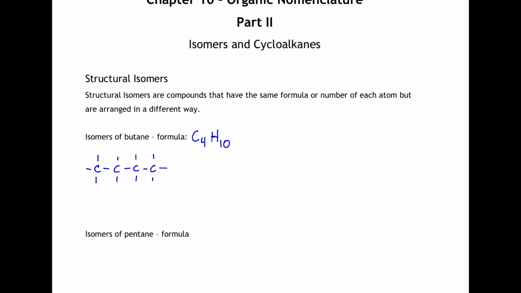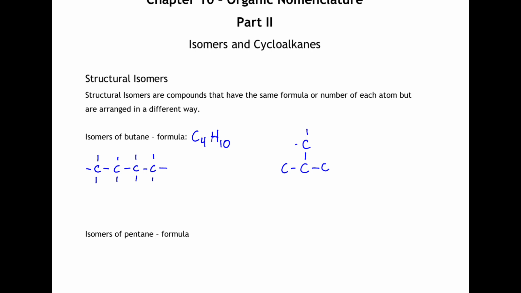There's a different way to arrange the same number of carbons and the same number of hydrogens. I'll just go through this to show you because you probably haven't thought about this before. If I put them this way, I now have 4 carbons, but I've made a little branch in the middle.